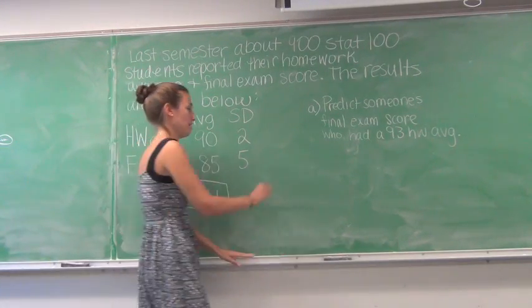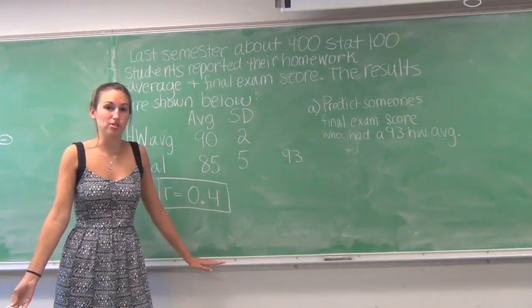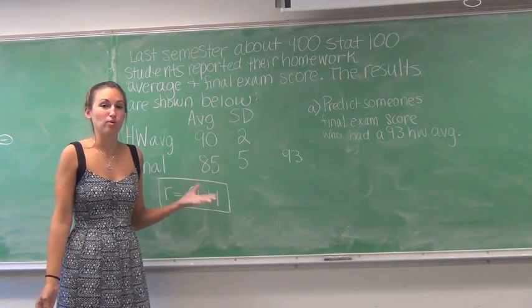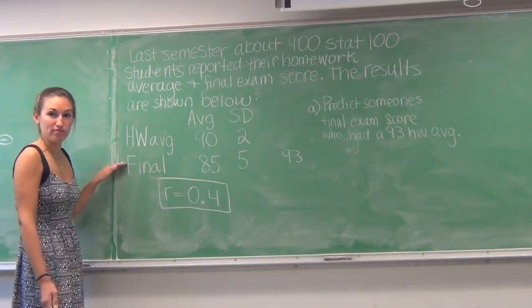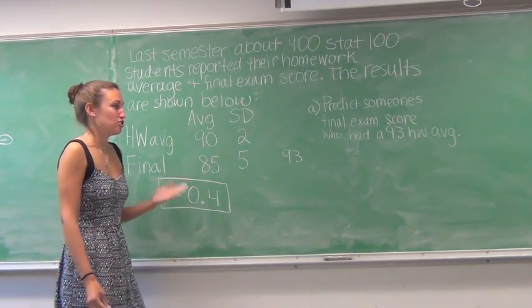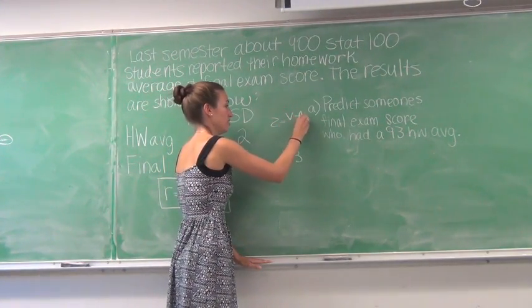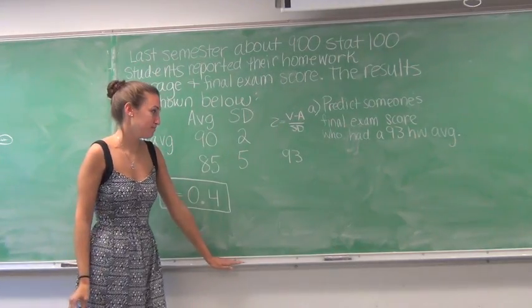So we know that this person got a 93 on their homework. And we want to convert that to a z-score. Remember, we want standard units so that we can compare both of these different variables. So the formula for z-score is just value minus average over your standard deviation.